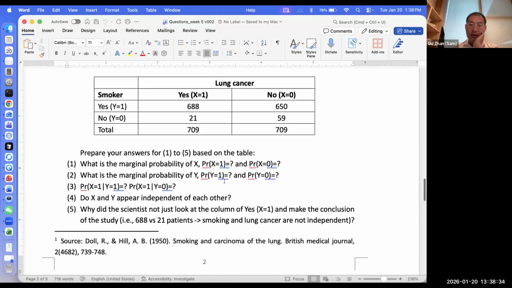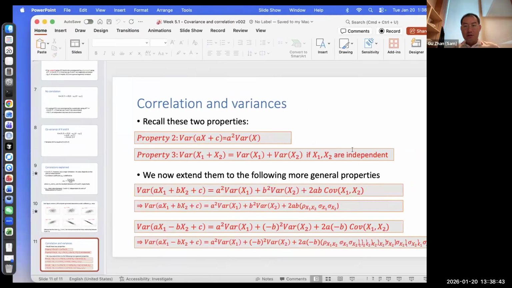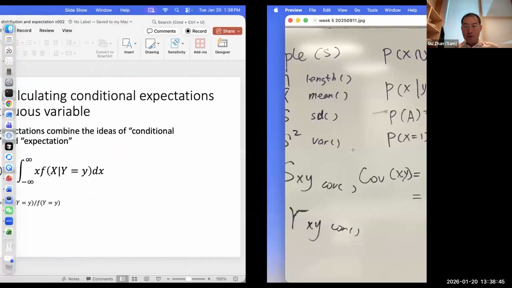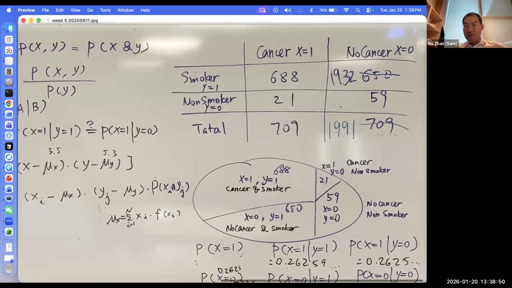Okay, so we are going to look at this. When you have this kind of table, it's better to draw a pie chart. So I've drawn a pie chart for you. Cancer 1, no cancer 0, smoker y equal to 1, then non-smoker y equal to 0. When x equal to 1, smoker and cancer, you have 688.